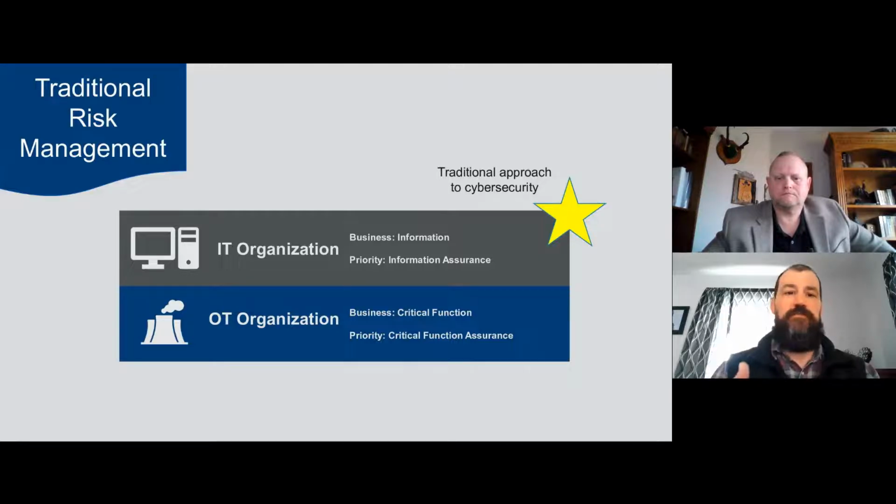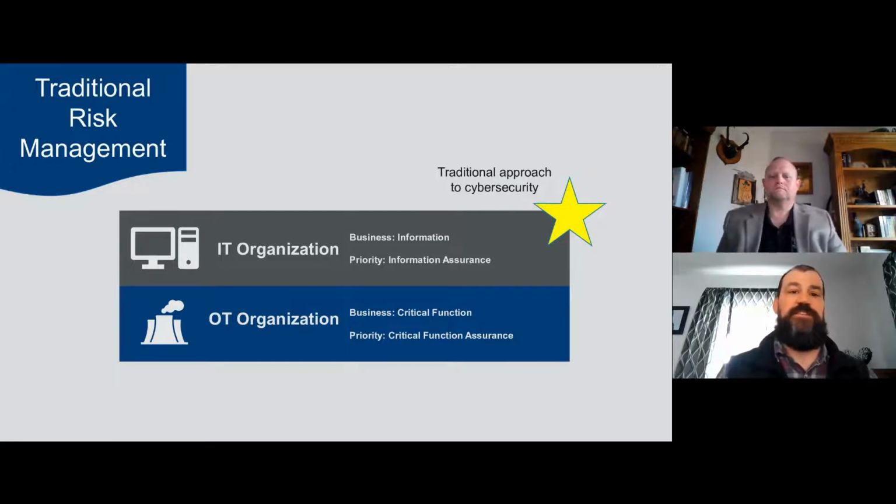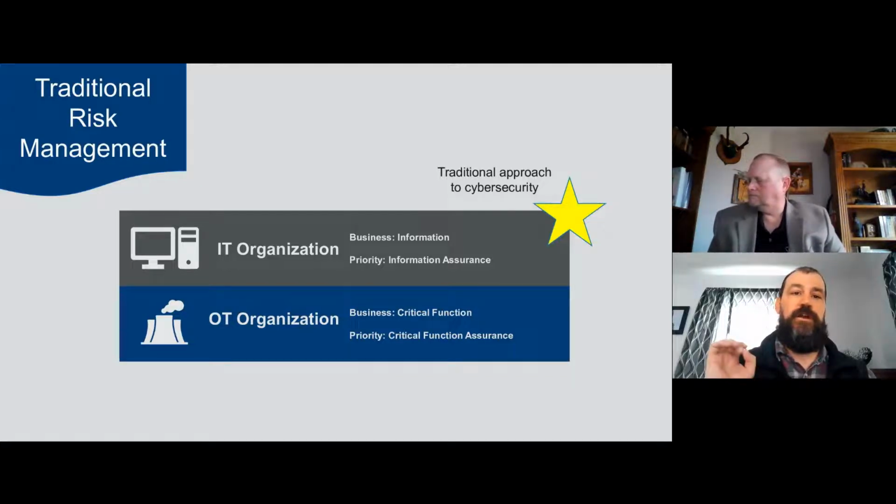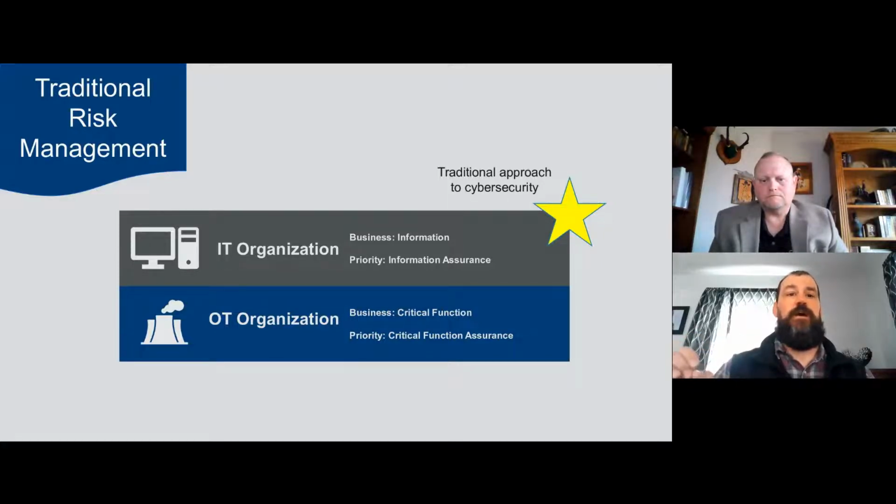This is confidentiality, integrity, and availability of data. And those are very important aspects of information, as we can see from the previous examples. However, those same measures don't apply in the same way, nor would those considerations be incorporated in traditional operational technology that was used to run critical functions.